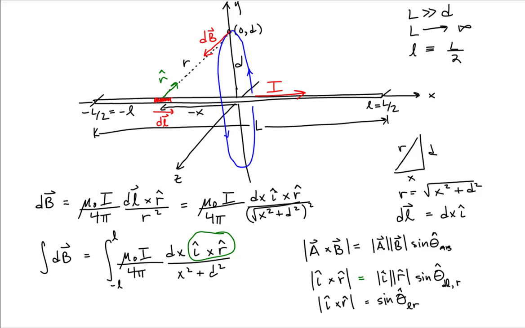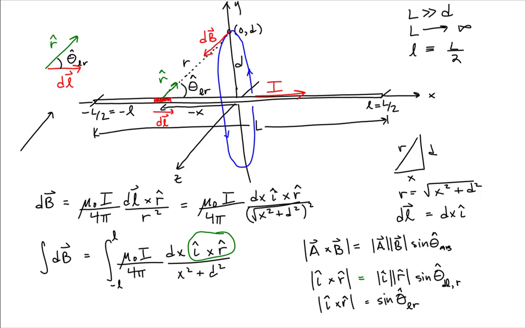Well, if we look at the picture, we have dl going in the positive x direction. We have r hat pointing to our point in space. So our angle theta LR is just the angle between those two vectors. I'll just go ahead and add that to our picture, theta LR. So what is theta LR? Well, we can get this from our right triangle.